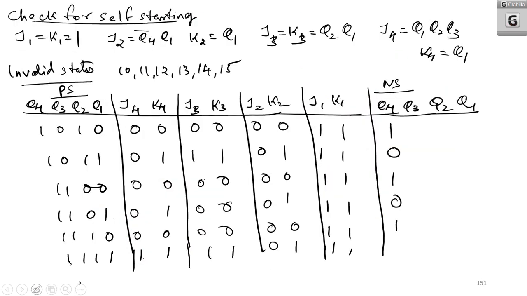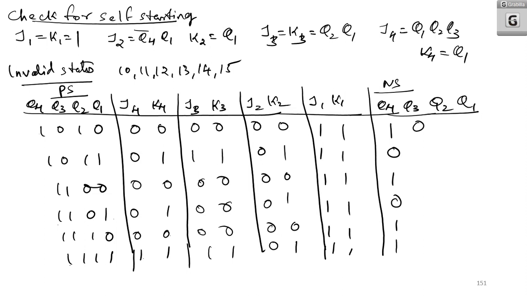Taking it as 1. Now coming into Q3. If it is 0, 0, since I am making it as no change, 1, 1 means it should remain as 1 itself. Okay. Now what is Q3? 0, 0, there is no change. So it is 0. 0, 1, 1, right? Yeah, 1, 1 means it should remain there.